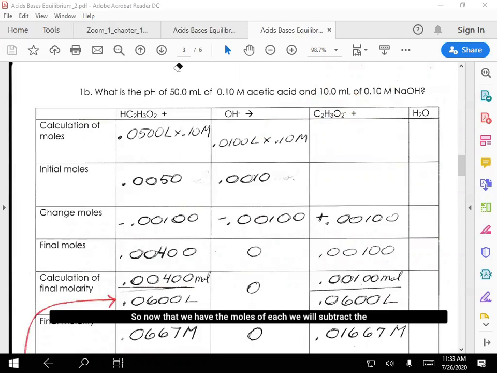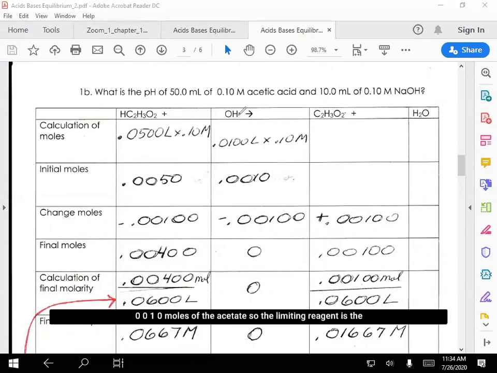So now that we have the moles of each, we will subtract the limiting reagent, which in this case is the hydroxide. So the acetic acid will subtract 0.0010 moles. We'll subtract 0.0010 moles of our base, but we're going to add 0.0010 moles of the acetate.